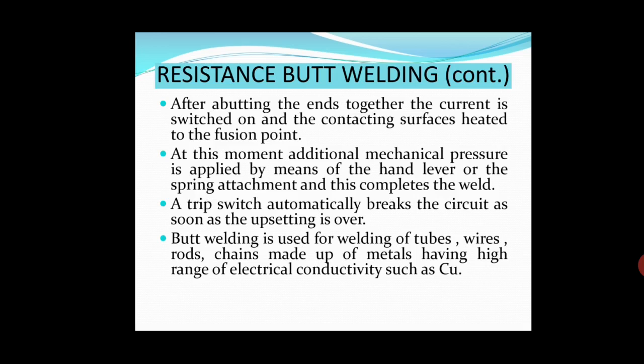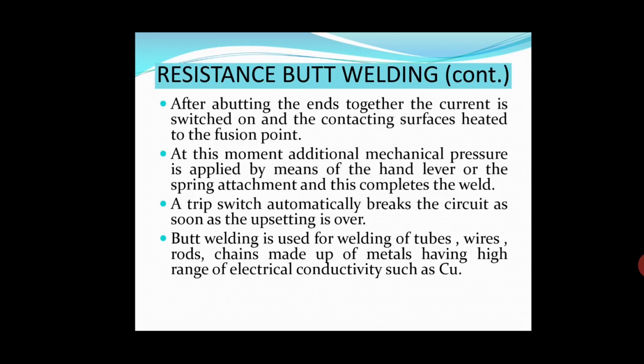At this moment, when the ends reach their fusion point, additional mechanical pressure is applied by means of the hand lever or the spring attachment, and this completes the weld.